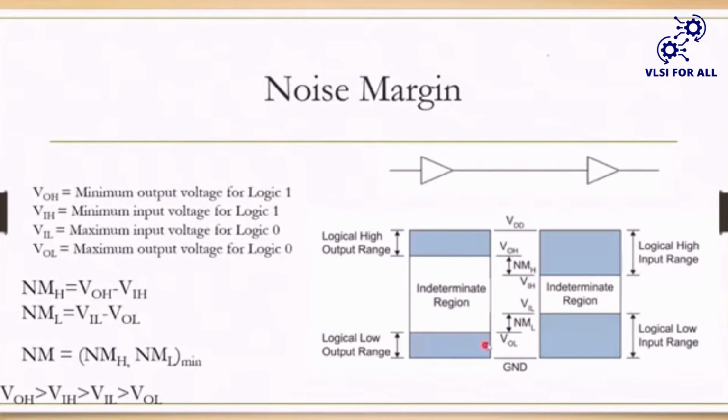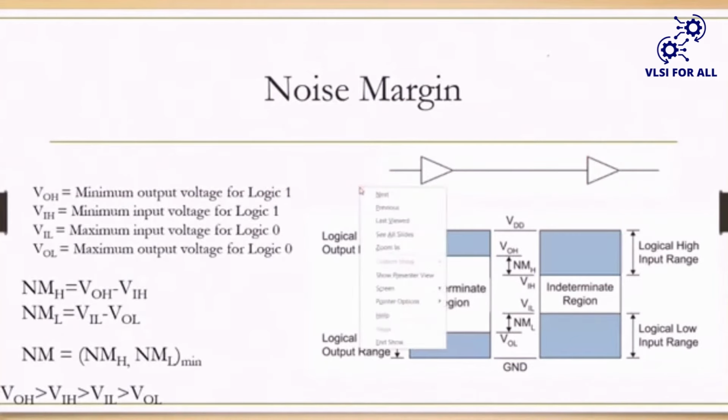Similarly, what is the max output for logic 0? That is VOL only. That's why, for this driver cell, the minimum output for logic 1 is VOH, and the maximum output for logic 0 is VOL.